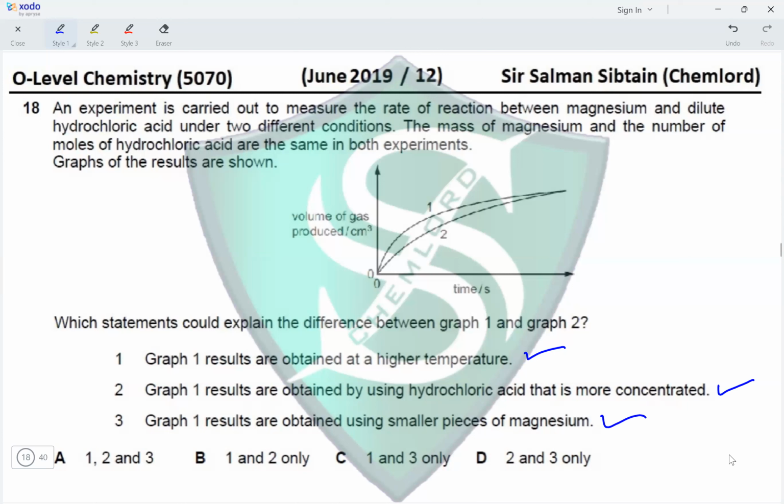So all three statements are true, and the reaction can be carried out by bringing about the changes given in these statements and keeping the overall moles of magnesium and the acid used constant, and as a result the overall volume of gas produced remains the same in both experiments. So this makes option A the correct option for this question.